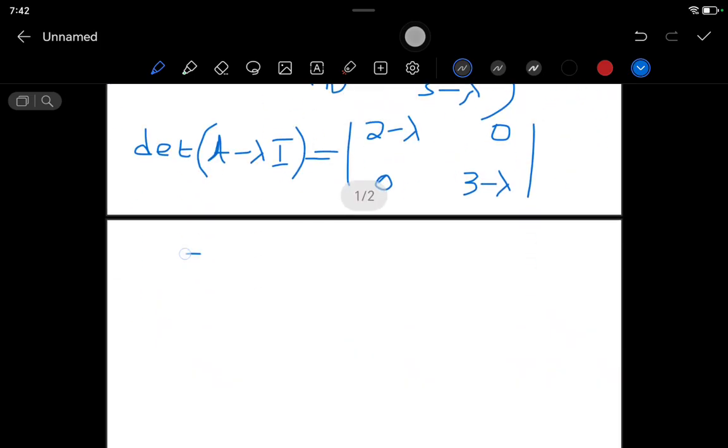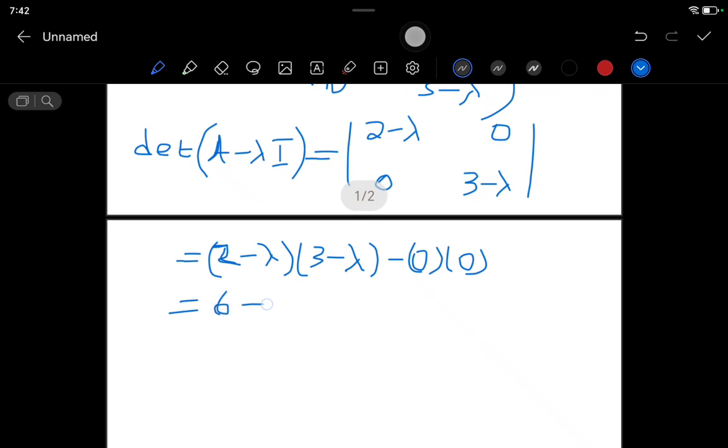So this will just be 2 minus lambda times 3 minus lambda, minus 0 times 0, which is equal to 6 minus 2 lambda minus 3 lambda, which is minus 5 lambda, plus lambda squared.